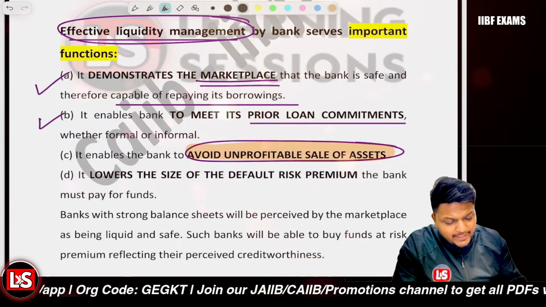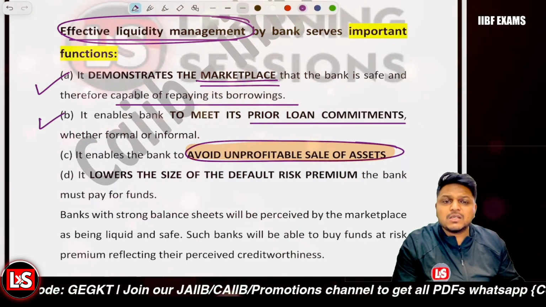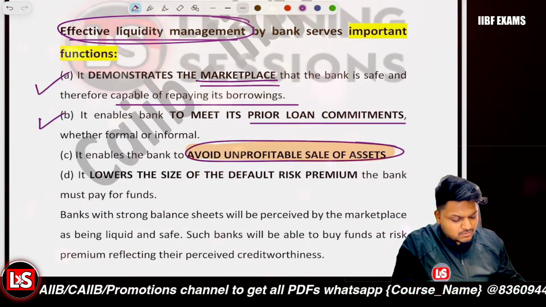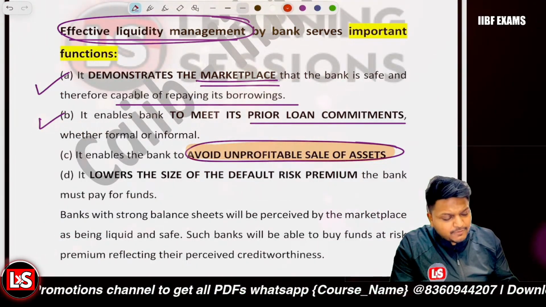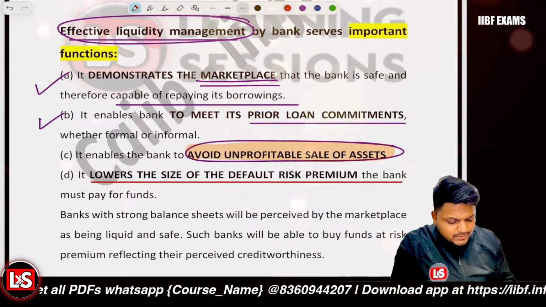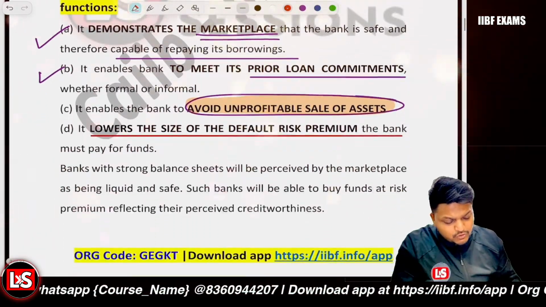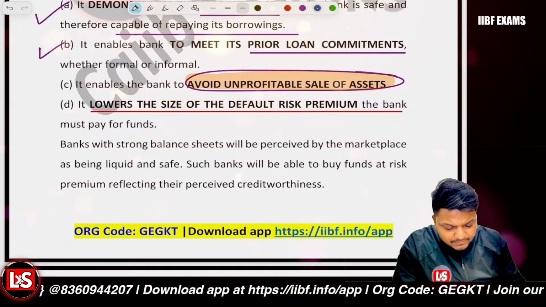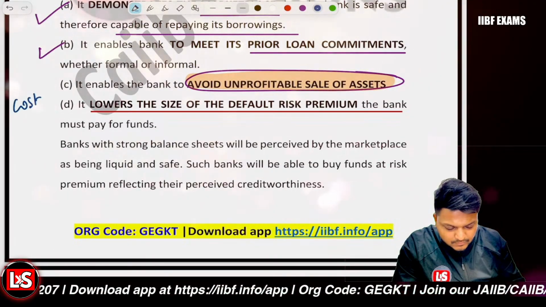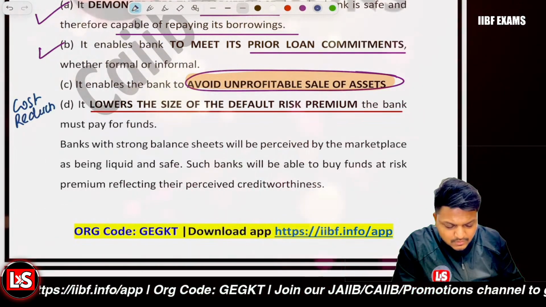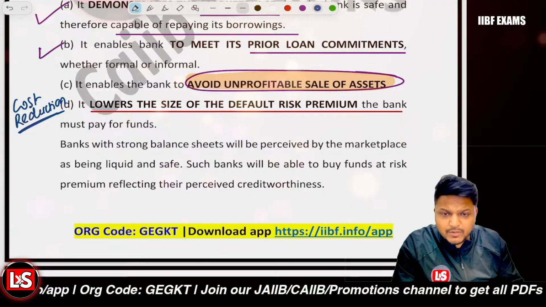The fourth point is that we should lower the risk premium on the borrowings. Like, we are able to generate the funds, but at a higher interest rate. So that should not be there. We should always take care that cost reduction is there.